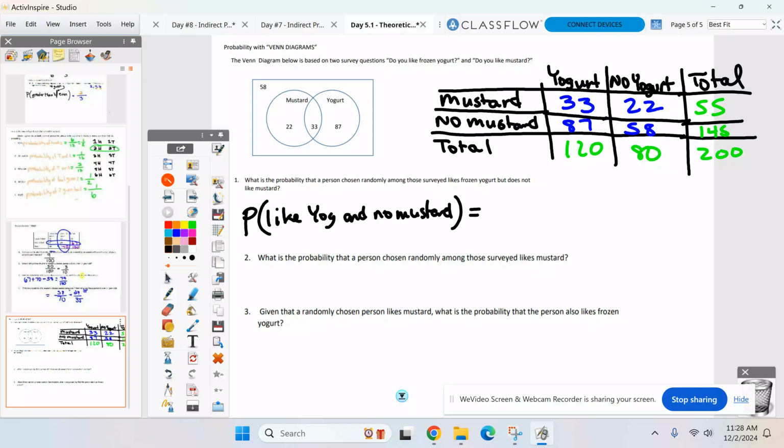See if you can find where that is on the table because I'm going to call on somebody. Where is that on the table? And out of how many?